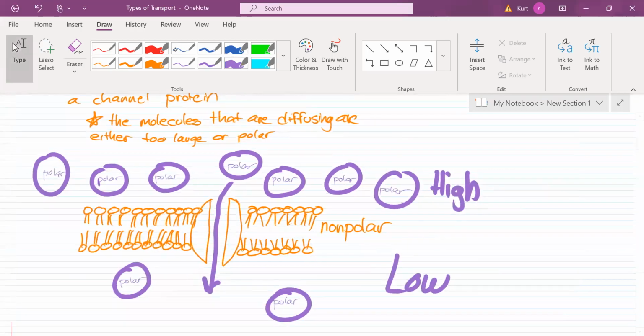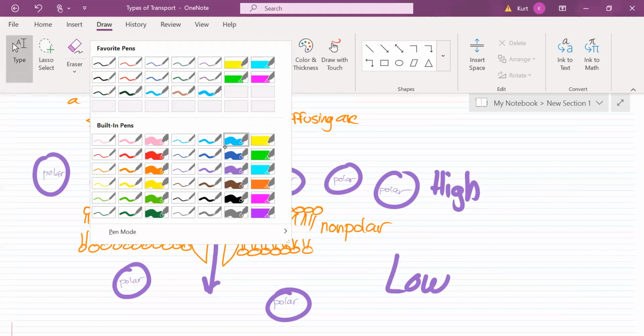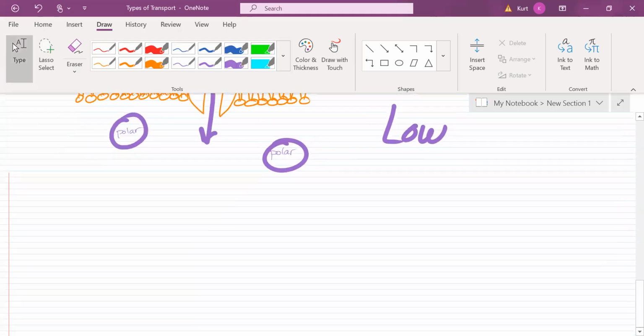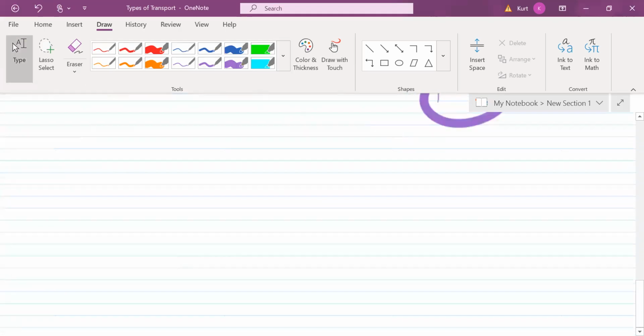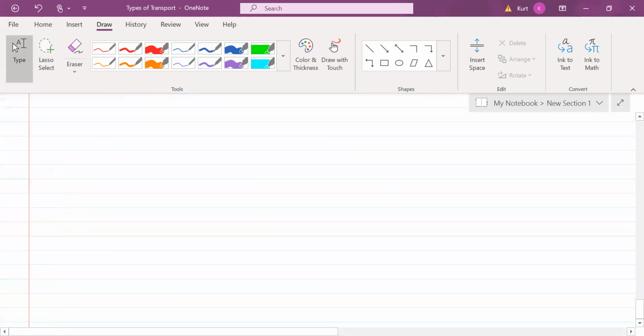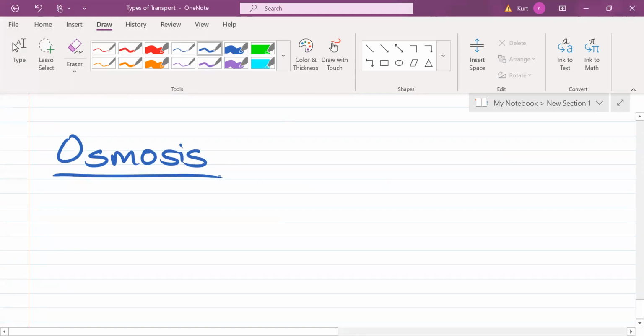Okay. Now, for the third and final type of transport that is passive that you'll need to know, it is called osmosis. Remember, osmosis is passive transport, no energy required.